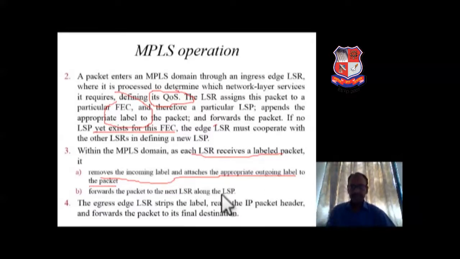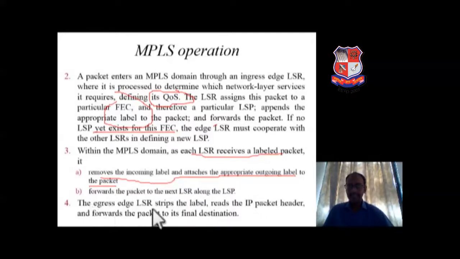Whenever a normal LSR receives this packet, it will simply remove the label of that datagram and attach the new label, that is the new outgoing path for that LSP. This works at the second layer, it does not look at the third layer. Are you getting this point? That's why there is no consumption of time: just remove the label, attach another label and forward it to the next LSR along the LSP. So no time would be taken in doing this.